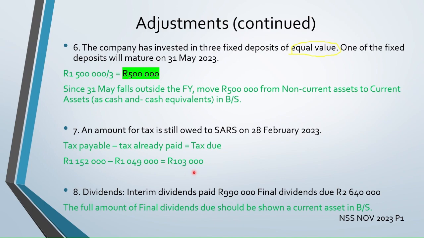So this 103,000 you're going to show in your balance statement as a current asset. And then dividends, interim dividends paid 990,000, final dividends due is 2.6 million. The full amount of final dividends due should be shown as a current liability in the balance statement.